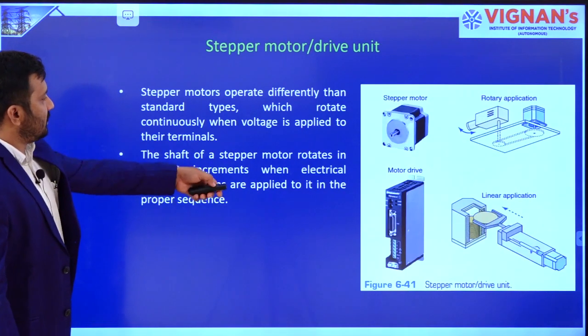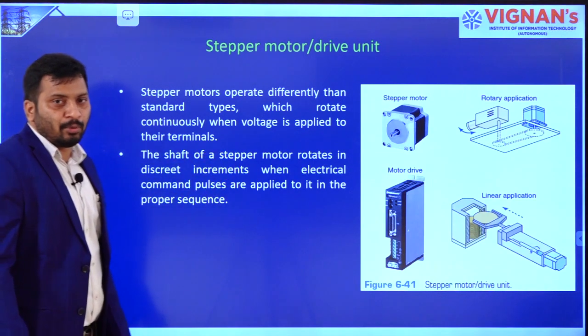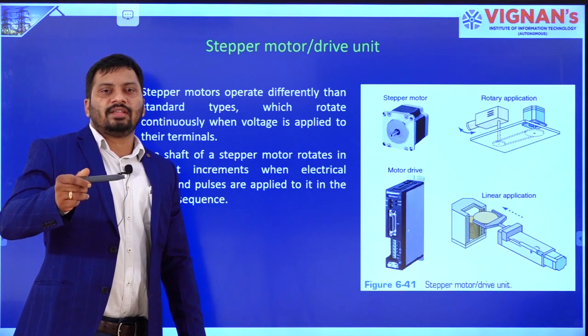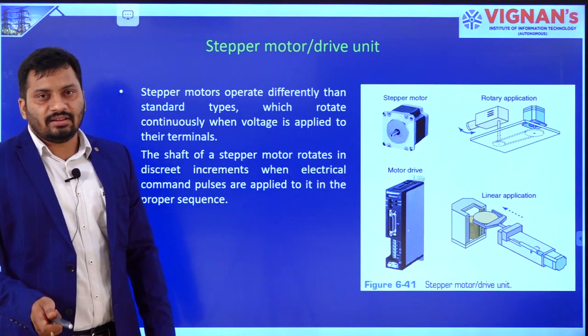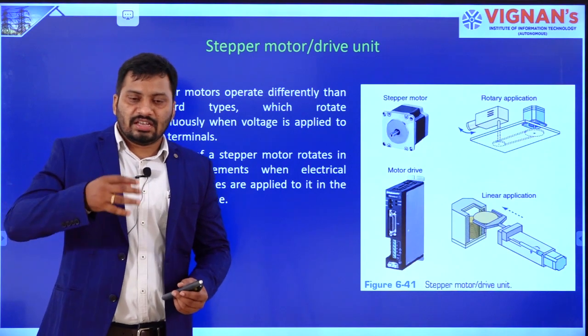Next, this particular motor, we already know this stepper motor. What is the use of a stepper motor? In steps we can rotate the shaft of the motor, right. You already studied the stepper motor internal coil arrangement, right.